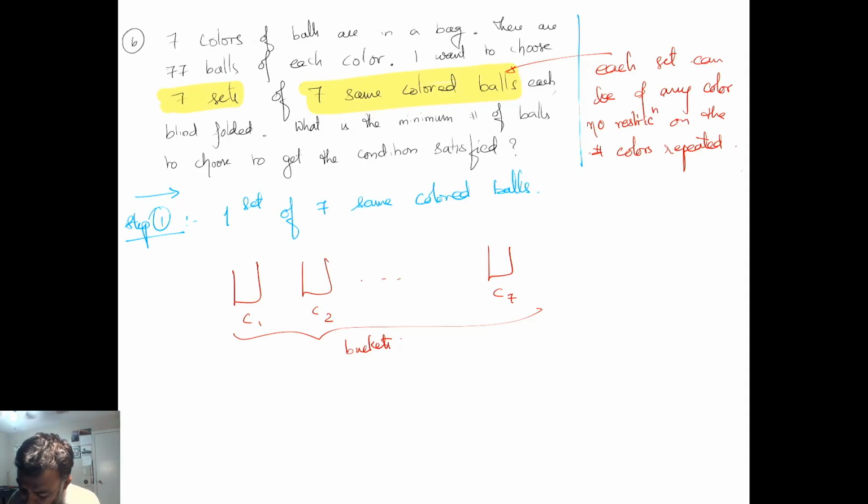So for the first set, you need something like 6 times 7 plus 1, because if you choose 6 balls from each one of the colors by utter sheer bad luck, then at the end of the 42nd ball you have 6 balls for each color, and whichever new ball you pick, of whatever one of the 7 colors it is, that particular color gets 7 balls. So done. Fair? So for one set you need 43 balls.